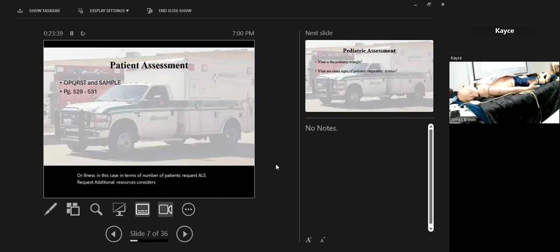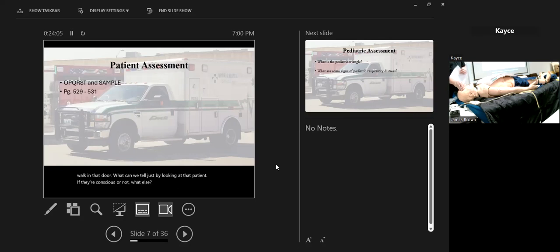So then we're going to go through and look at this patient. So our OPQRST, SAMPLE history, our whole assessment starts the minute we walk in that door. What can we tell just by looking at that patient? If they're conscious or not. What else?